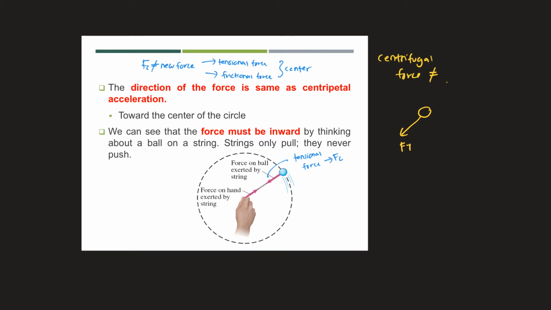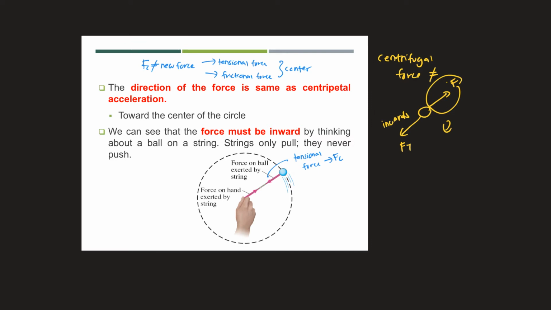So when you pull inwards with the tensional force, the ball produces an outward force with the same magnitude, different direction. We call this the outward force, not a centrifugal force, which means it comes from the inward force that you produce.